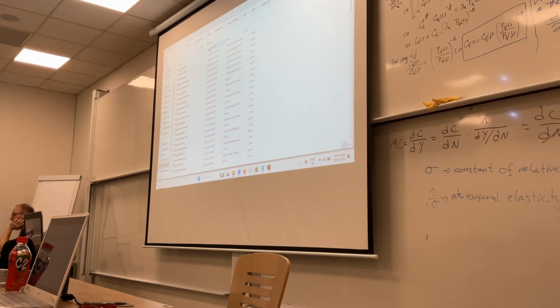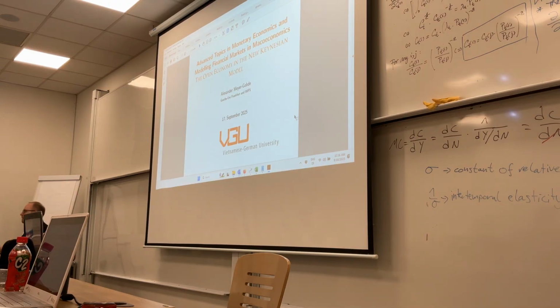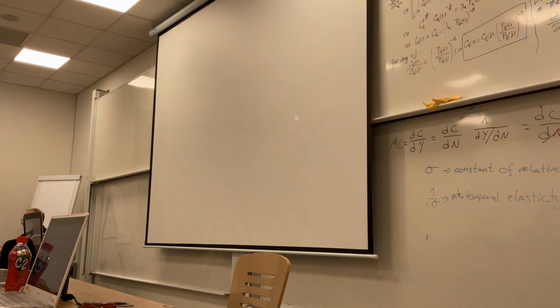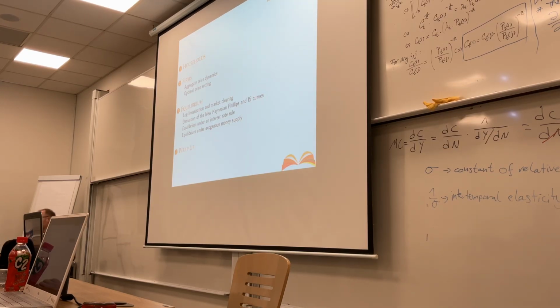We have a little bit of time left. I just want to give you a flavor of what we're going to start doing tomorrow. We're going to be doing the same thing we did today, the same thing we did yesterday. We're going to do the new Keynesian model, but now we're going to add one thing.